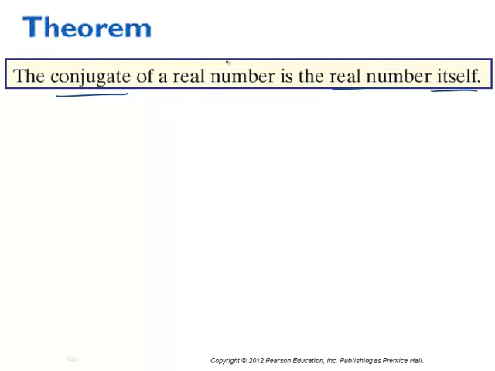After all, if you have a real number like 2, you could write that as 2 plus 0i, and the conjugate of that is 2 minus 0i, which is equal to 2.